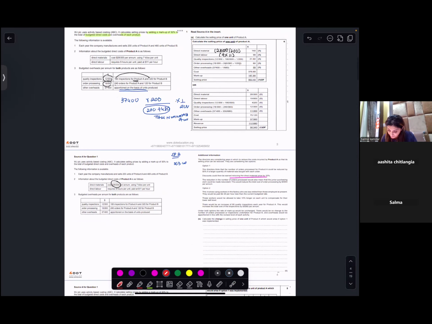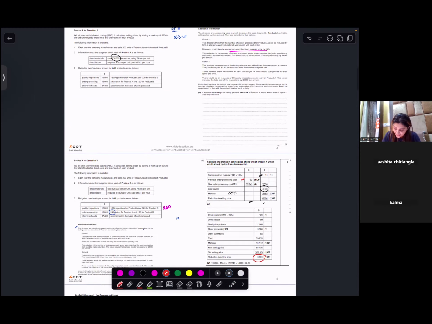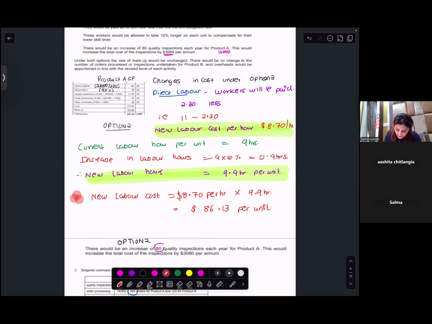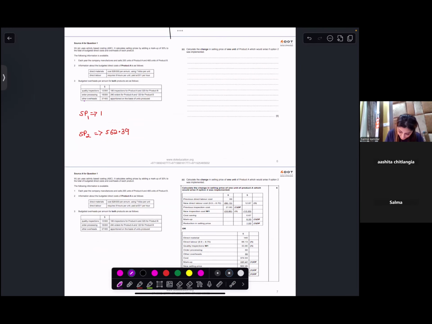I'm asking selling price, you're giving me profit. Selling price 563 is our original selling price. 563 minus 62.04 is 501.36.